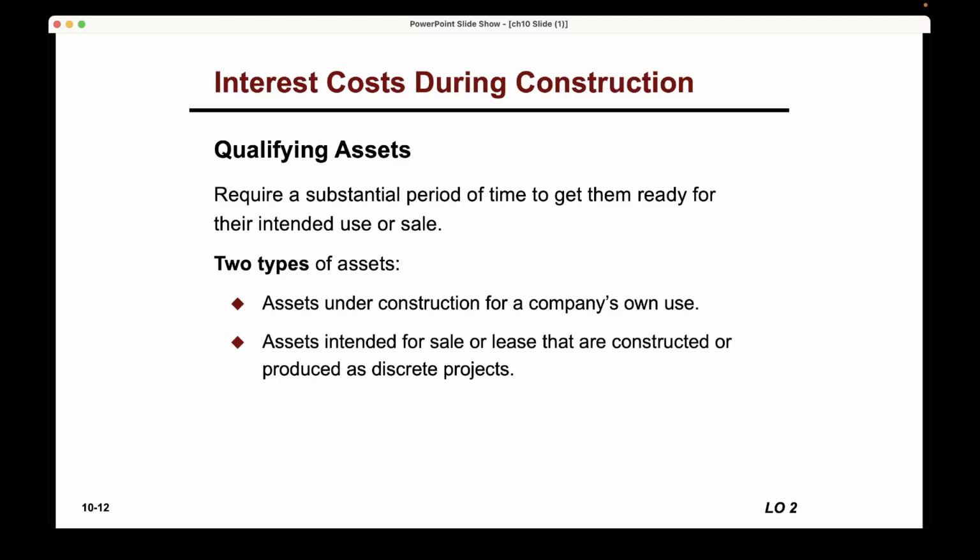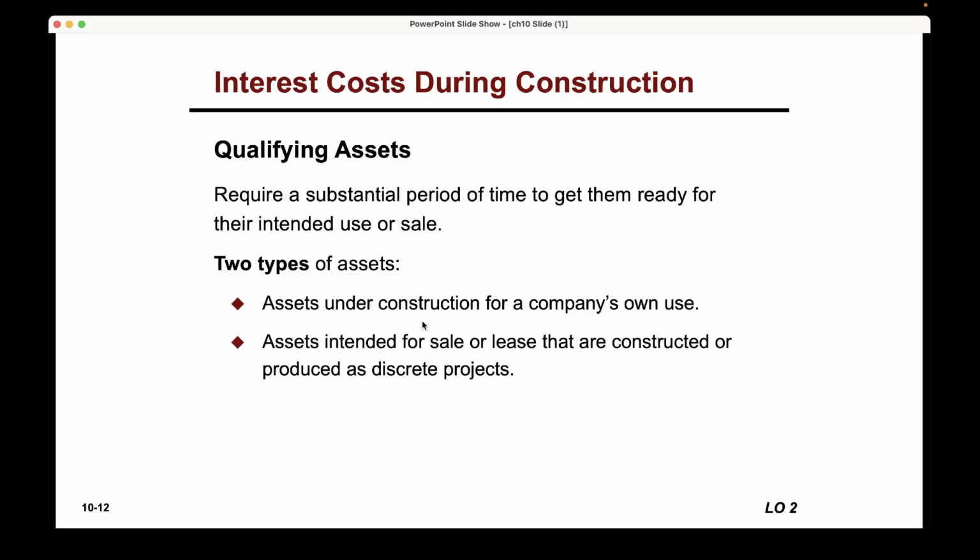Or in other words, the asset needs to take significant time and effort to construct or to prepare before it's functional or available for sale. There are two main types of assets that qualify for interest capitalizations.